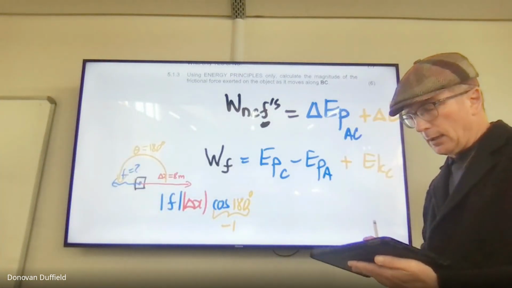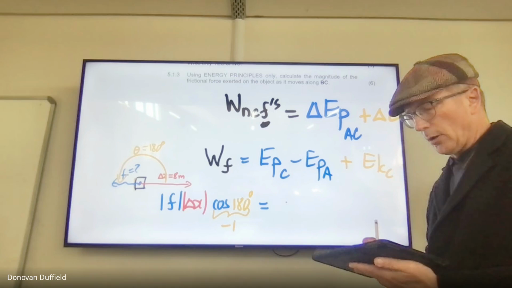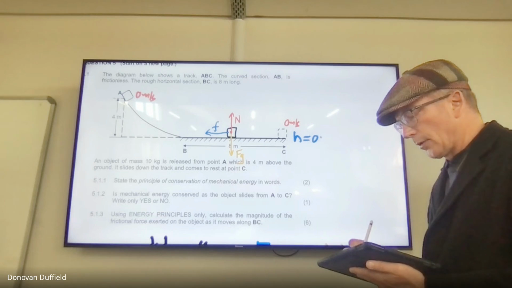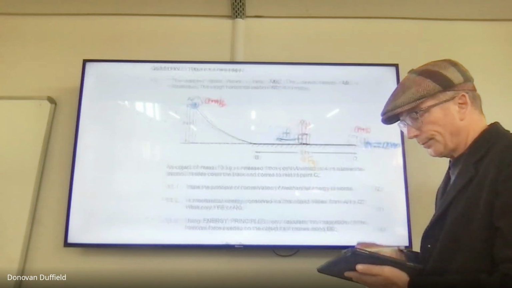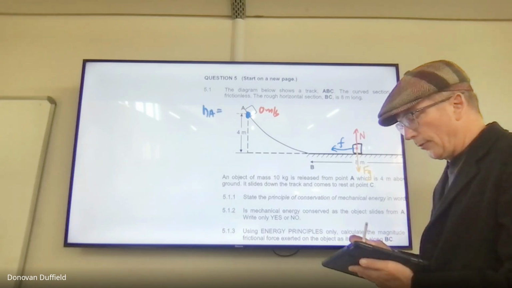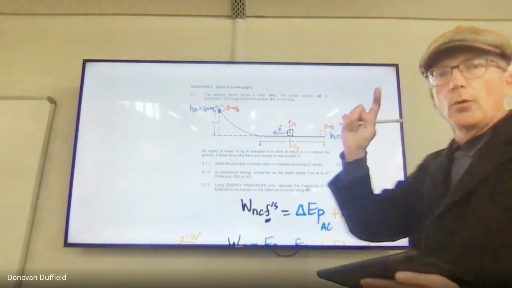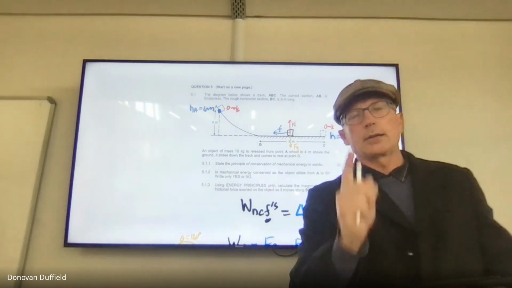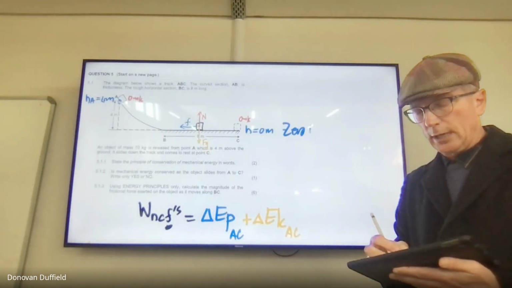The right-hand side, the potential energy at C is mass times gravity times 0. Why 0? Well, we're going to define h equals 0 meters there. And at A, the height at A is going to be 4 meters. Always define your lowest point in the system as having a height of 0. We call that our zero potential.